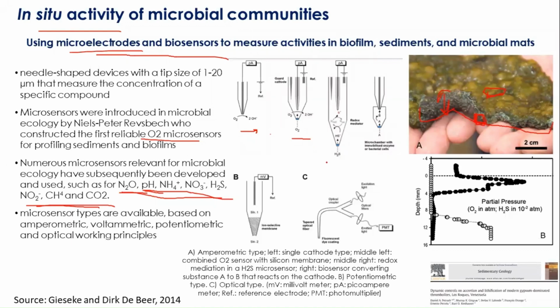Then you also have potentiometric sensors, which measure the electrical potential at the tip. So all those different sensors are based on different principles, but at the end of the day they will measure various gases or physico-chemical conditions like pH or oxygen, and tell you the activity of the microbial communities.